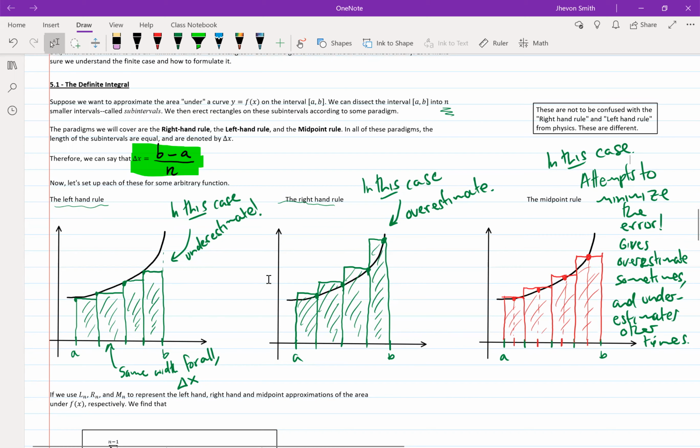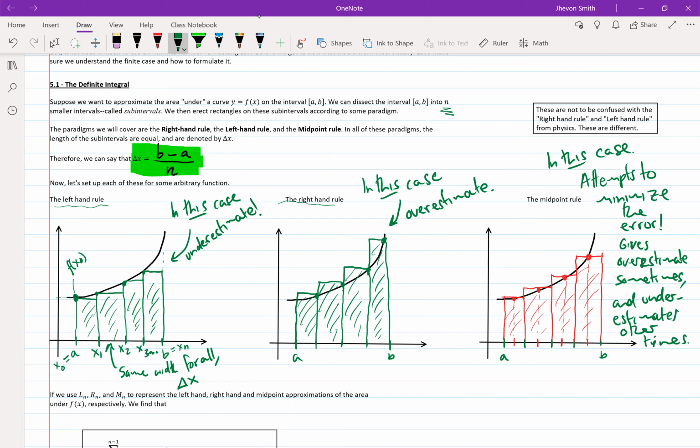Now, another thing that we would do is start to label what these subintervals are. So for example, oftentimes we would call the A, say x sub 0, it's some x value. The B is going to be x sub n. Now, of course, this is x1, x2, x3, and so on, right? Now, the part that hits the function is going to be f evaluated at x naught, right?